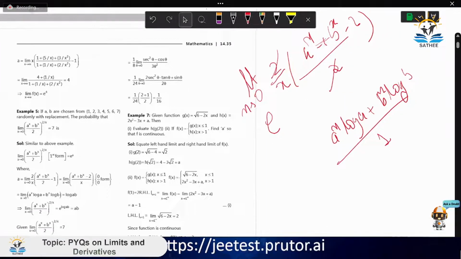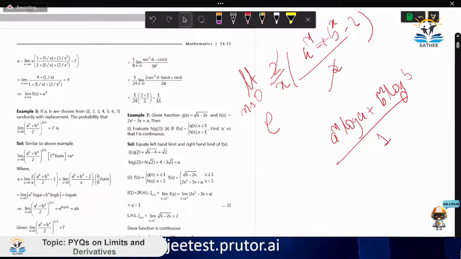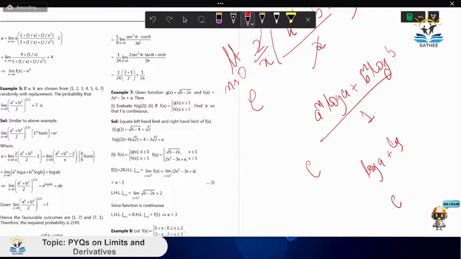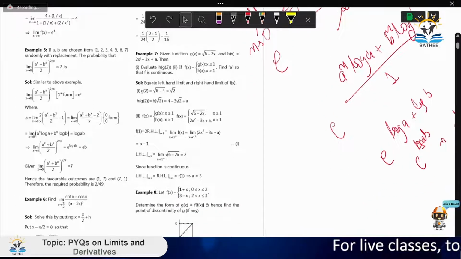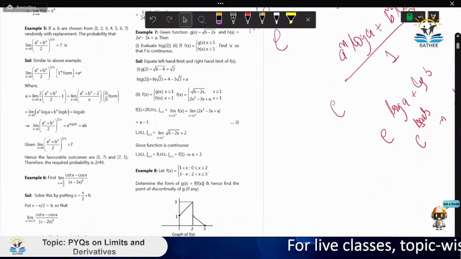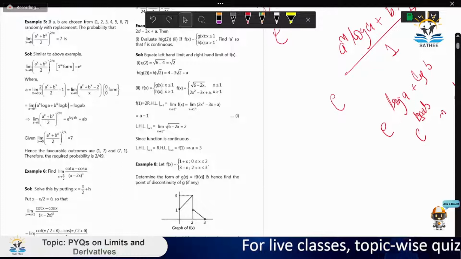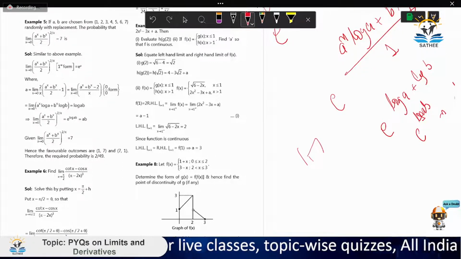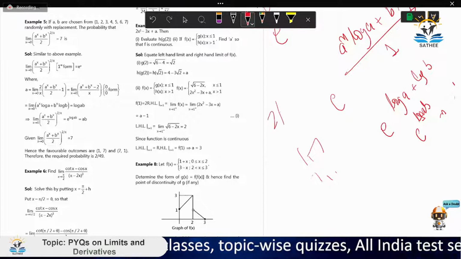So this is what I'm left with, and putting x equals to 0, I'm left with log a plus log b, and that is log e to the power log a plus log b, which is log of ab, and this gives me ab as my answer, right? And the probability of getting ab equals to 7.